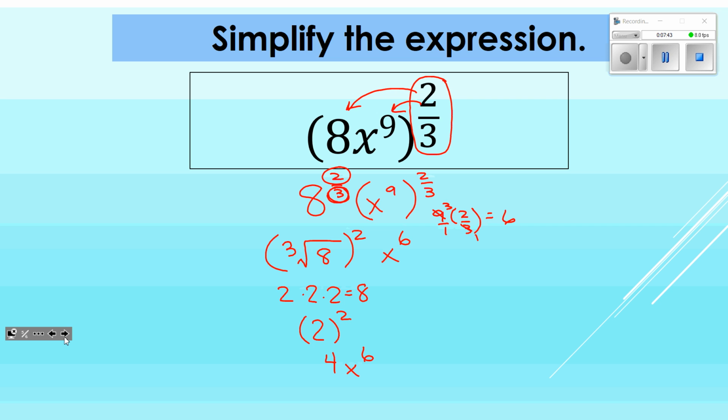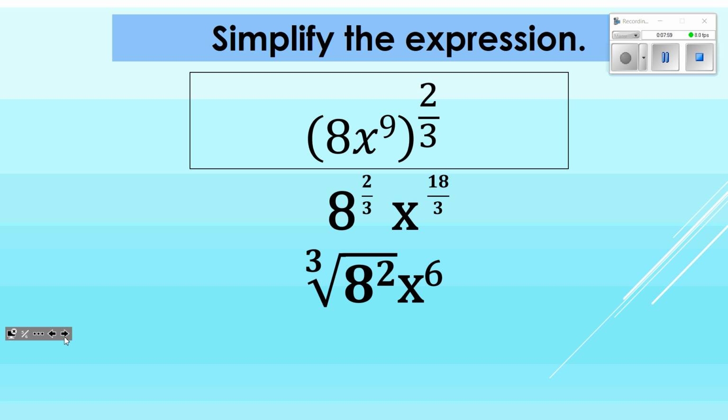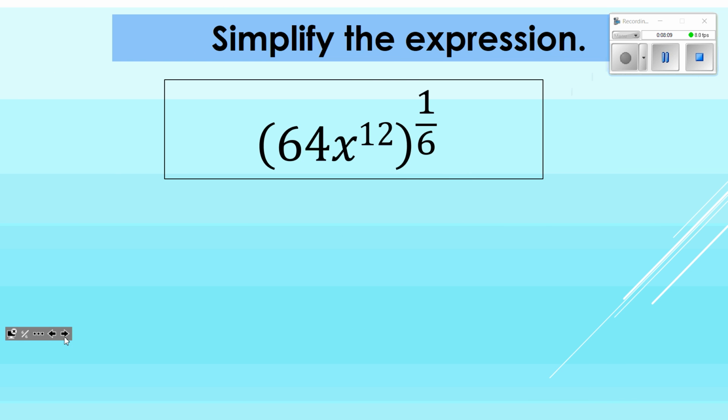So we have 4x to the 6th power. Again, if you want to see that with the PowerPoint, there's applying the exponent to each of the bases, and then where we take the cubed root of 8 and then square it would be 4, and then x to the 6th power.